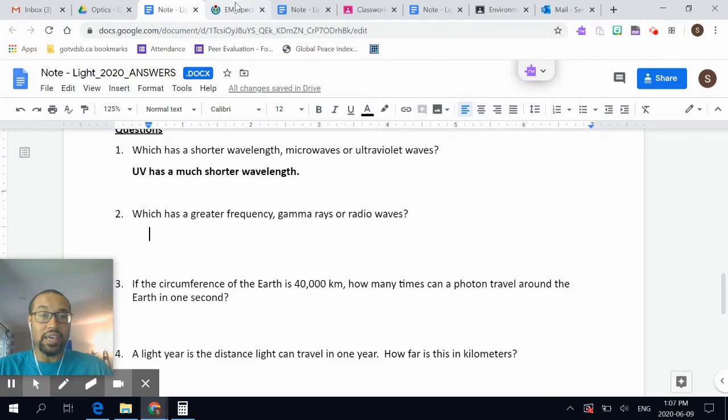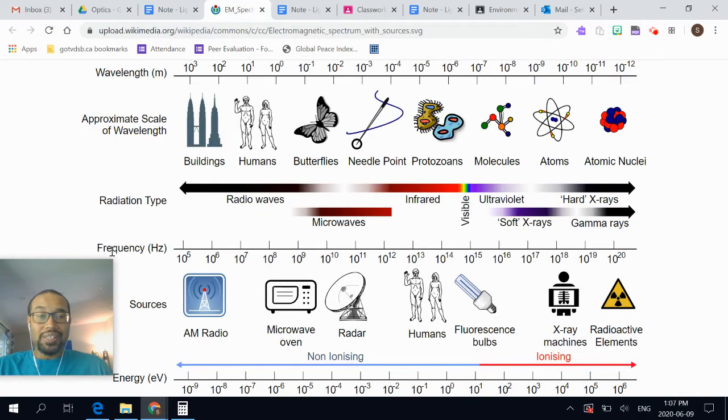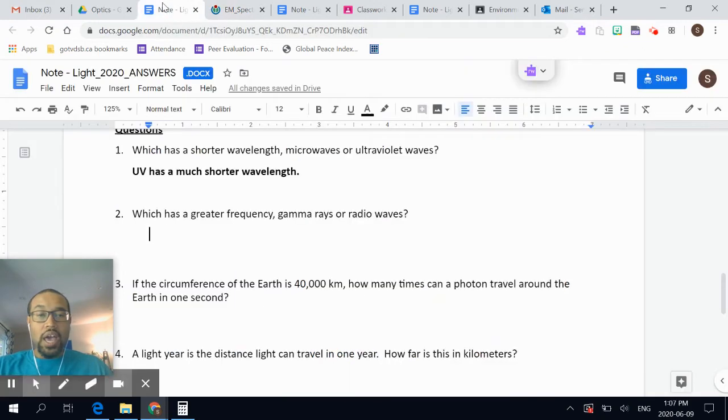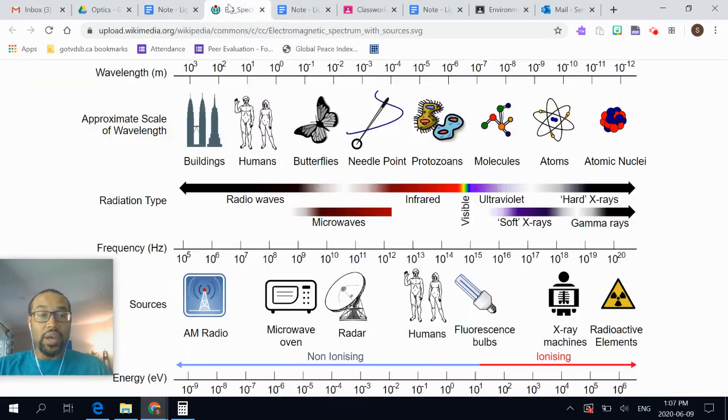Well, let's go back again. So remember, frequency is increasing as we go left to right. Gamma rays are at the far end, super high frequency, also super high energy. And if we look at radio waves, they are to the left side of this picture. So they have a much lower frequency compared with gamma rays and also much lower energy.